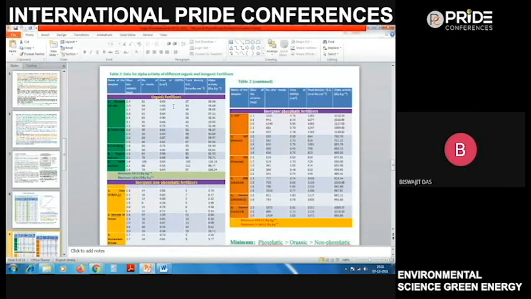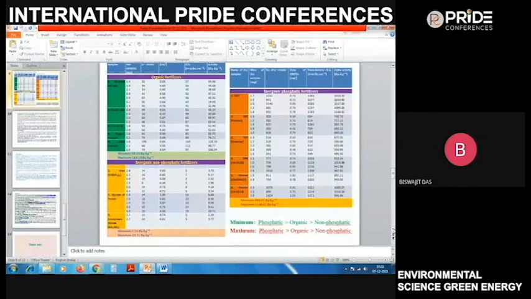In case of organic fertilizers, the minimum radioactivity found to be 29.55 becquerel per kg and maximum found 116.19 becquerel per kg. In case of inorganic non-phosphorus-based fertilizers, minimum activity found to be 2.26 becquerel per kg and maximum 10.71 becquerel per kg.